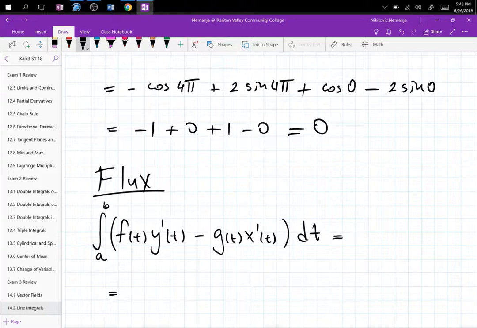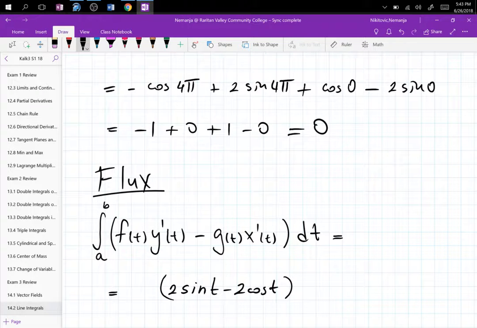So now my f was y minus x, so that was 2 sine t minus 2 cosine t times y prime.